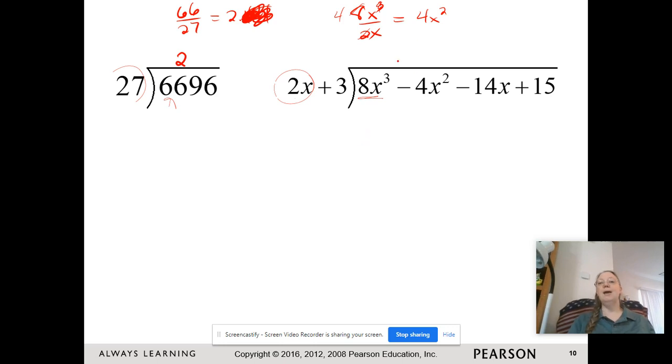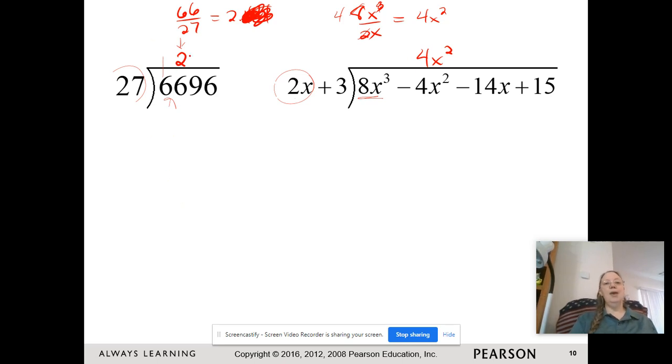Okay, I'm going to put that on the top. Notice where I put it. See how I have an x squared here and an x squared here? I did this deliberately. I am not going to line it up with my x cubed. X squareds get lined up with x squareds. Just like I had to put this 2 in a special place, I didn't put it over this 6, I put it over this 6, okay?